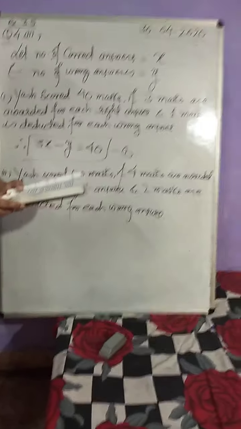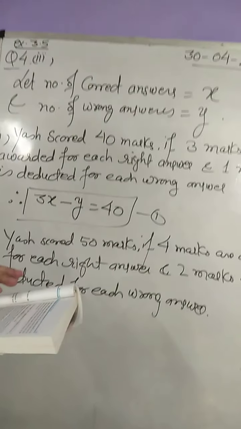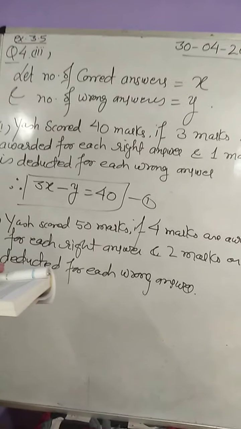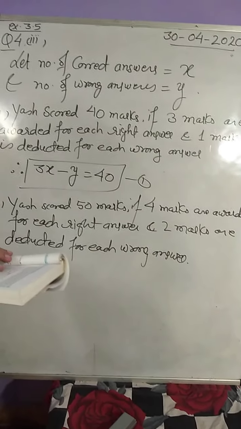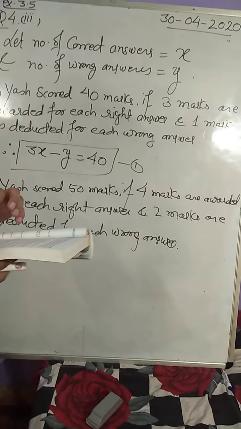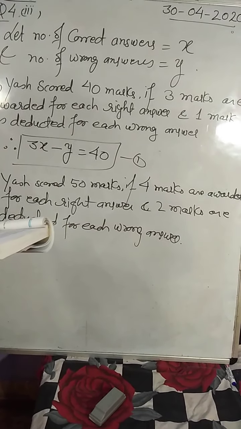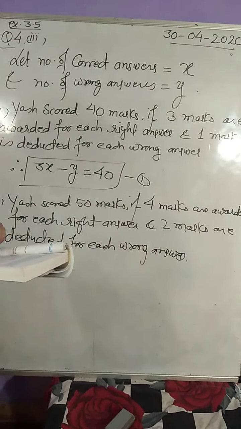Now we'll do the third part of this fourth question. The third part says: Yash scored 40 marks in a test, getting 3 marks for each right answer and losing 1 mark for each wrong answer. In the second case, had 4 marks been awarded for each correct answer and 2 marks been deducted for each incorrect answer, Yash would have scored 50 marks.